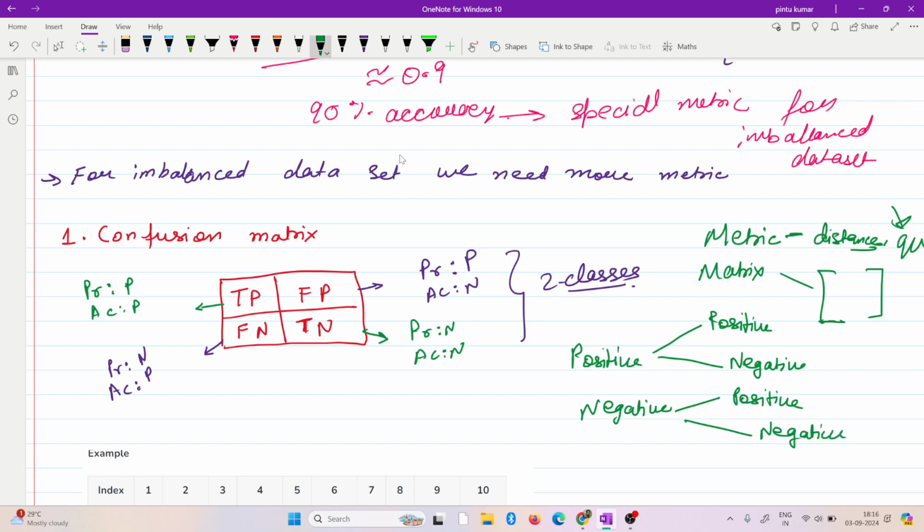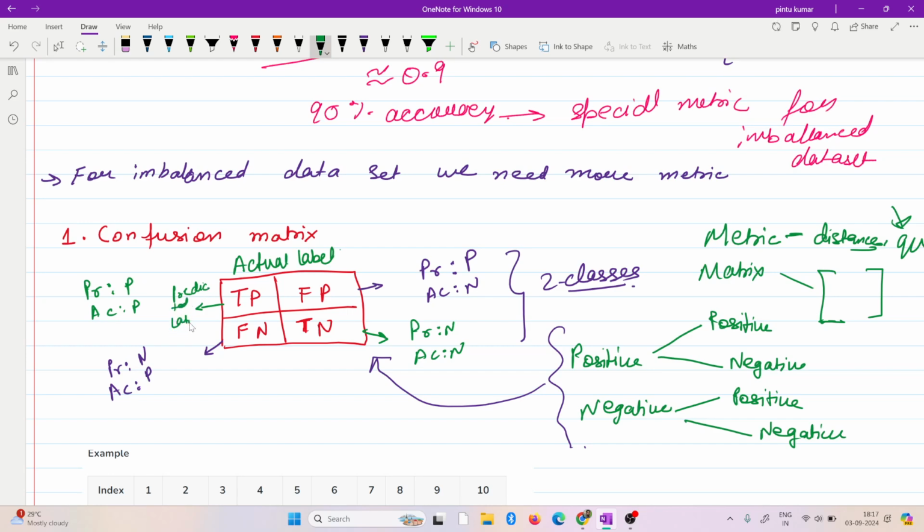Right. Now, whatever information we have in this small diagram that I have drawn over here, we write it in terms of a matrix. On the top, you have the actual label, and every row corresponds to the predicted label.